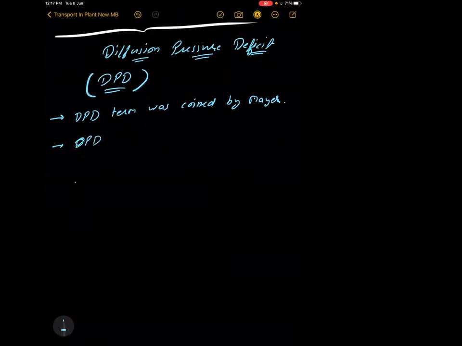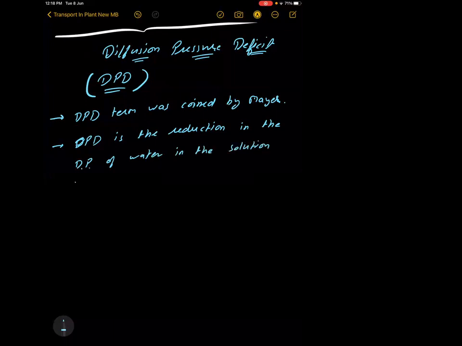DPD is the reduction in the diffusion pressure of water in the solution.